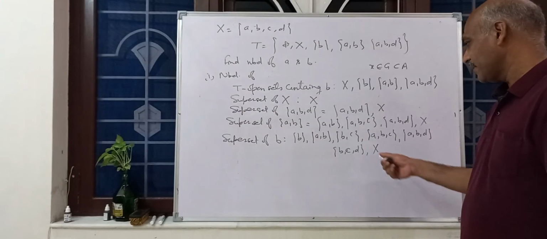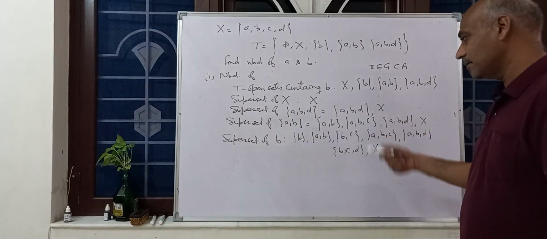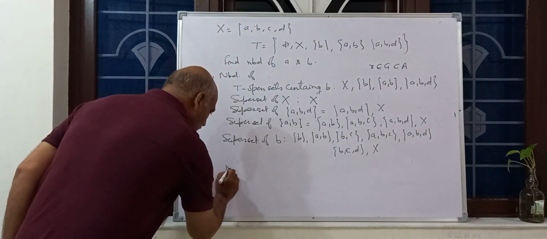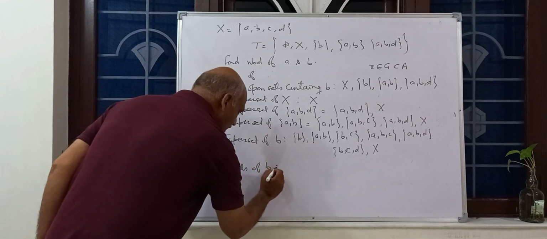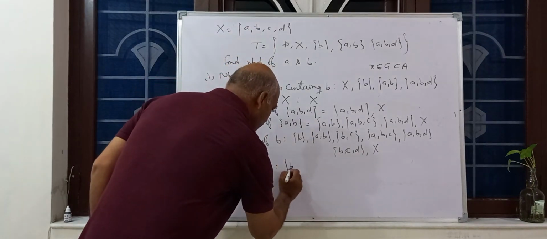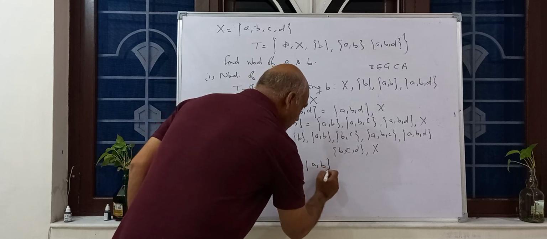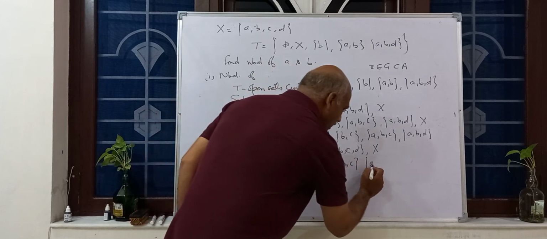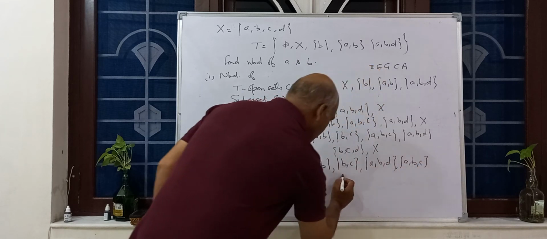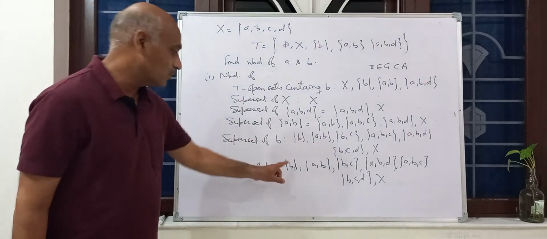There is no B in {C, A}, so we do not include {C, A} here. So these are the supersets. So the neighborhoods of B: all sets we write one time. {B}, {B, C}, {A, B}, {A, B, D}, {A, B, C}, {B, C, D}, X. These are the neighborhoods of B.